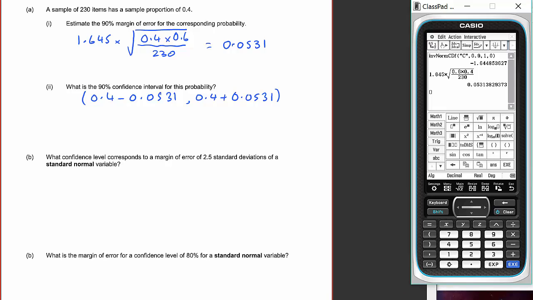So we do 0.4 take away the last answer, let's give that as 0.347. And then we interject a plus in there, 0.453.